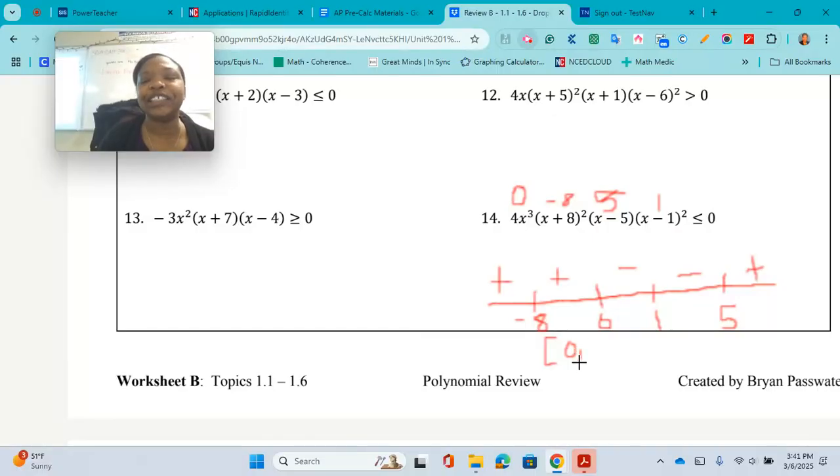I said I'm including zeros. One number: -8, because we're including zeros, so we have to include it where it bounced right here.